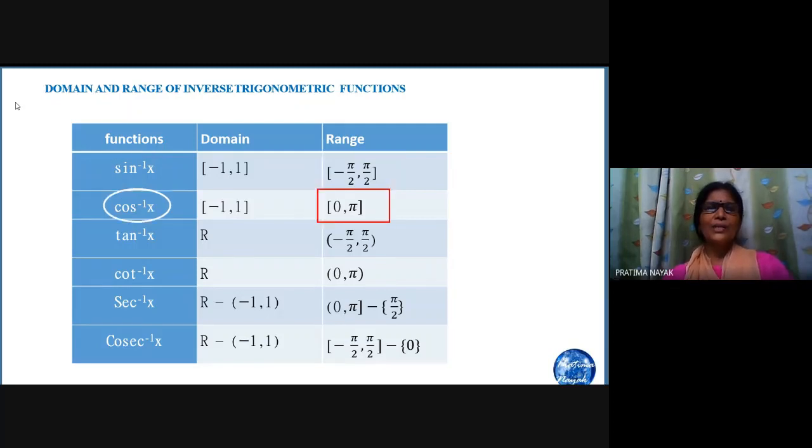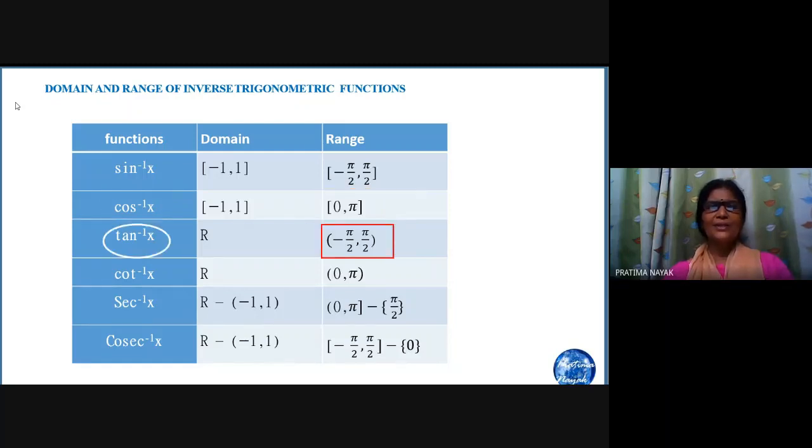For cos inverse x, the domain is the same, and the range is 0 to pi, and it is a closed interval. For tan inverse x, the range is -π/2 to π/2, but it is open, that means -π/2 and π/2 are not included.